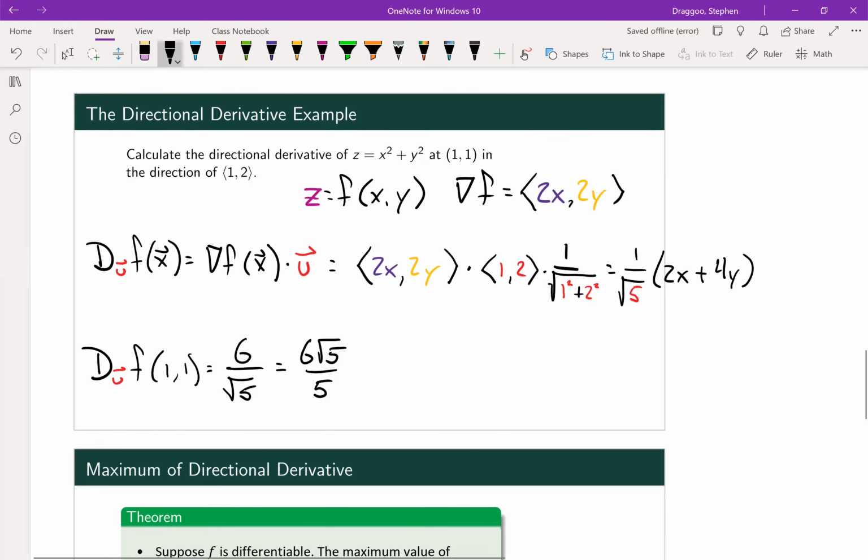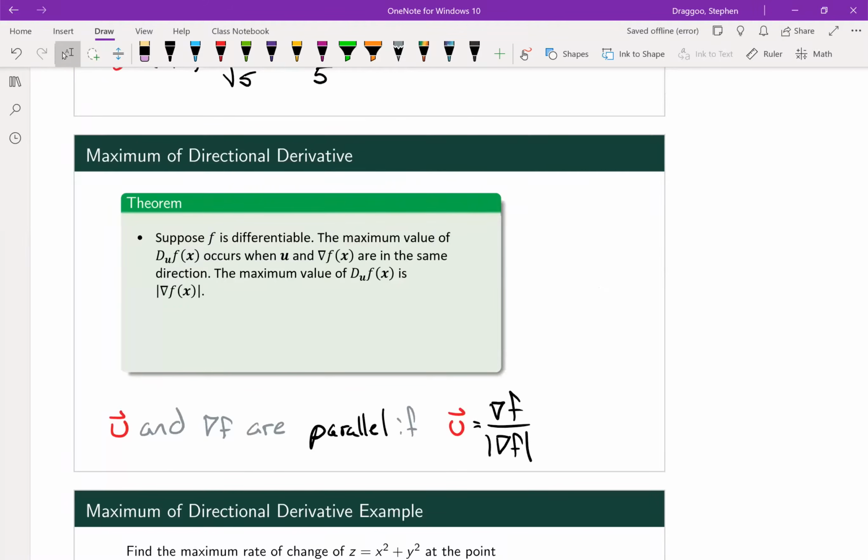All right, so if we want to maximize the directional derivative, so finding the direction where our directional derivative reaches its maximum value, that's going to be in the direction of the gradient. So we find our maximum value when u and the gradient are in the same direction.